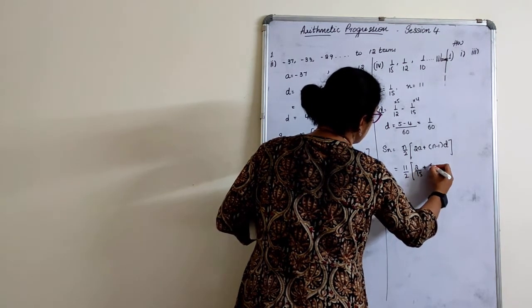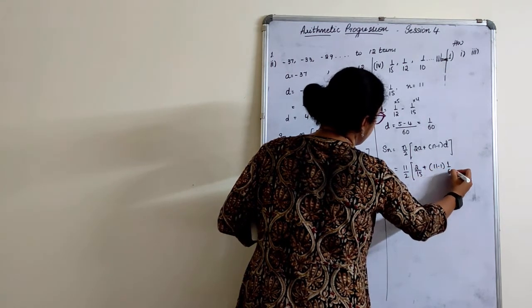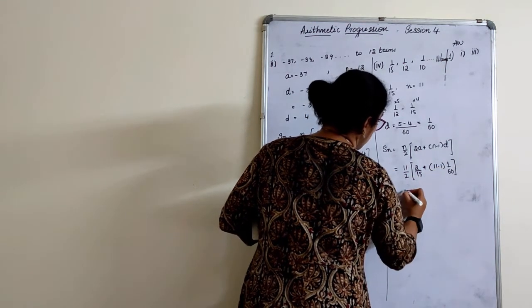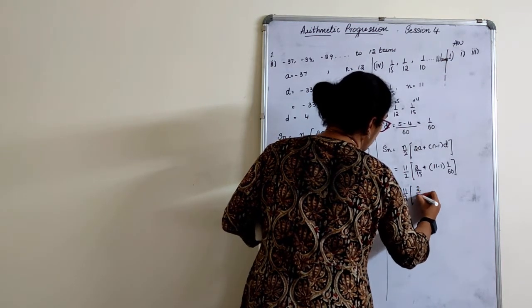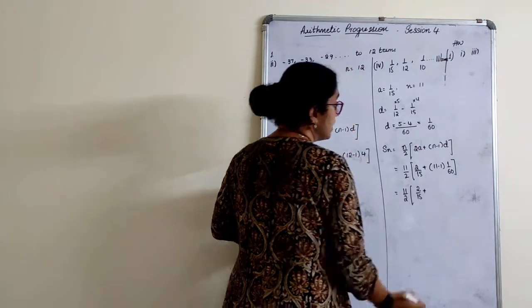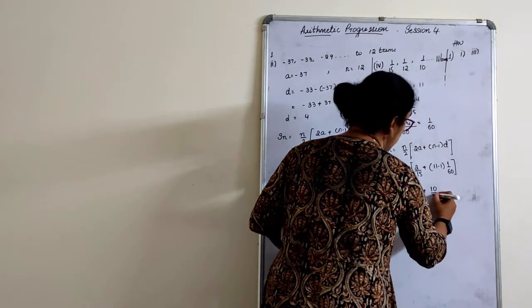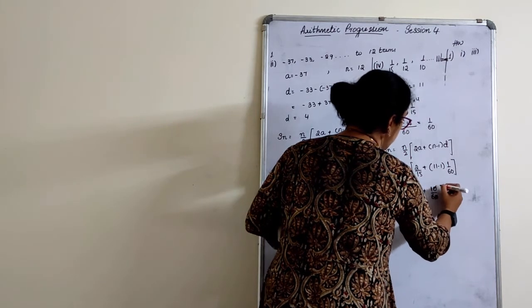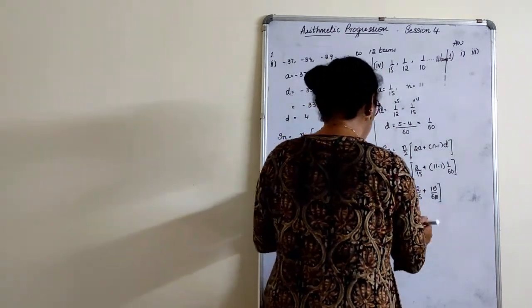Plus n minus 1, 11 minus 1, of 1 by 60. 11 by 2, 2 by 15 plus 11 minus 1 is 10. So 10 by 60. 0 and 0 will get cancelled. It is 1 by 6.